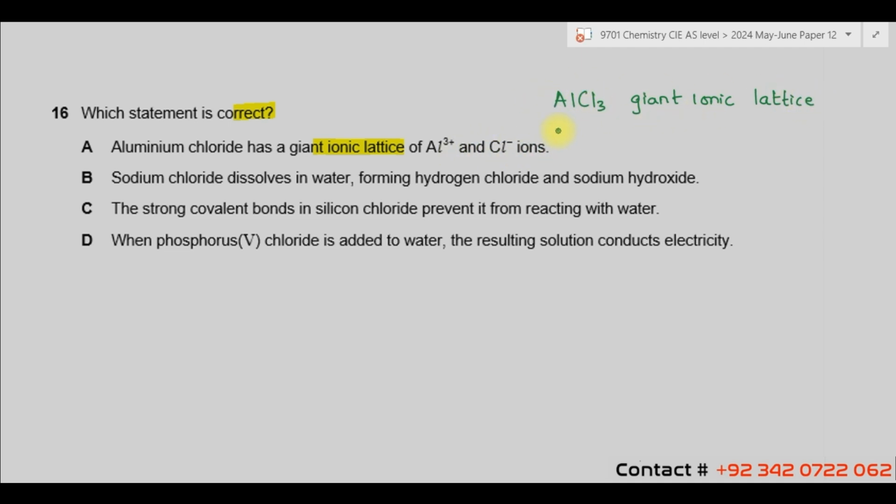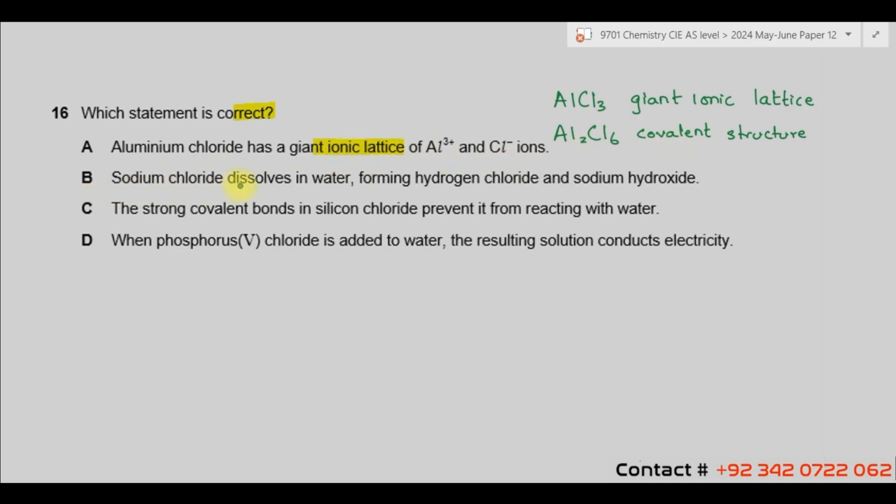It also exists in dimer form, Al2Cl6, which has covalent as well as coordinate covalent bonds. So not only giant ionic but a covalent structure is also formed.